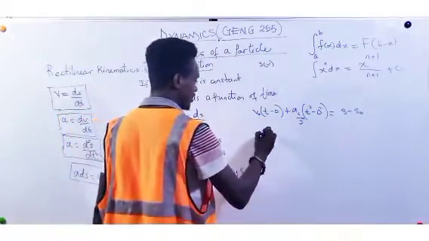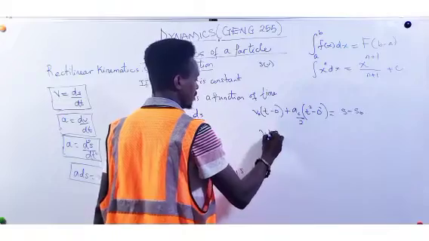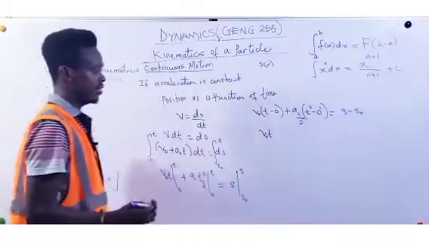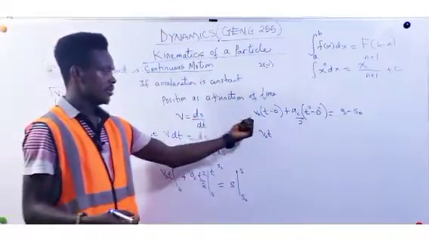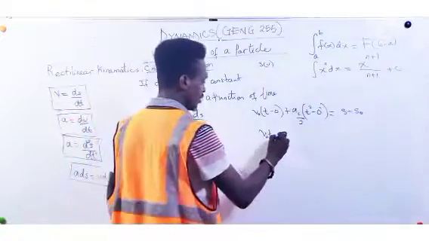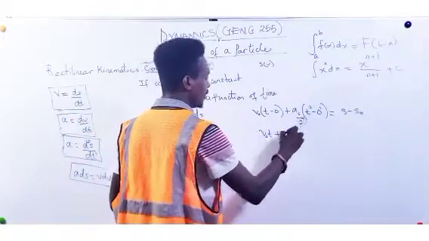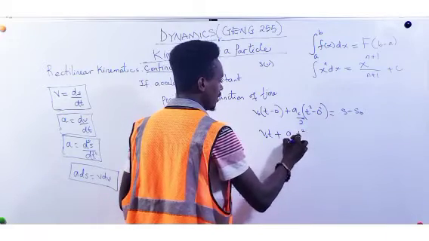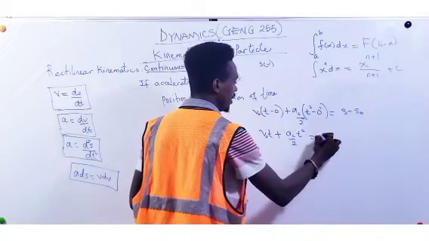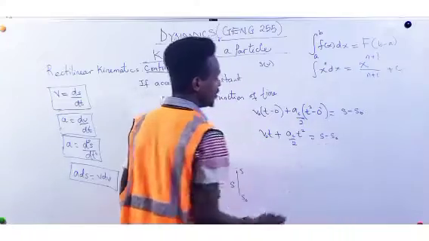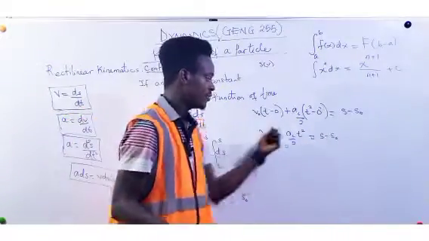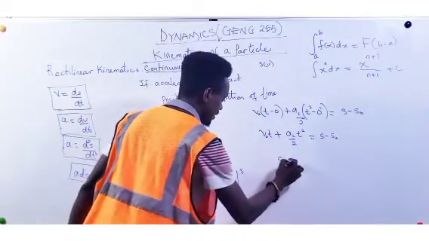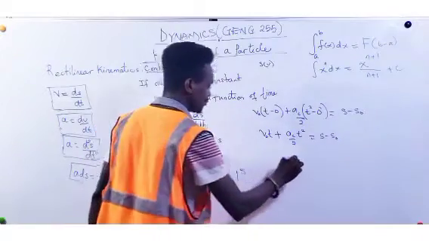So we will get v0 t, because t minus 0 is t, plus ac all divided by 2, t squared, is equal to s minus s0.